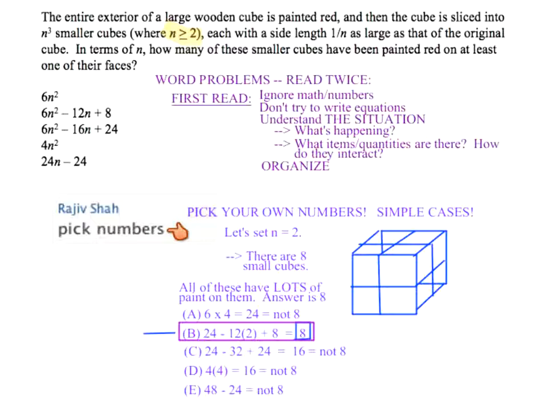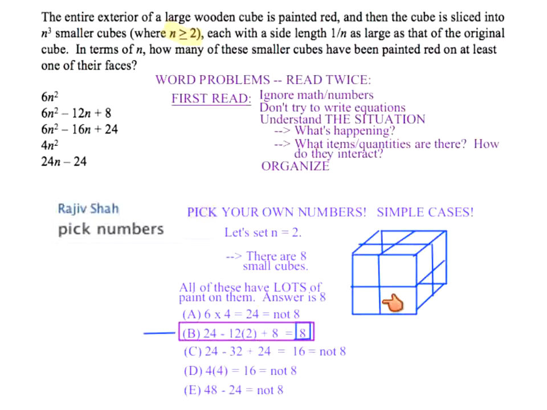Maria, the number of small cubes is 2 times 2 times 2, length times width times height, so it's 8 in this instance. And they all have paint.